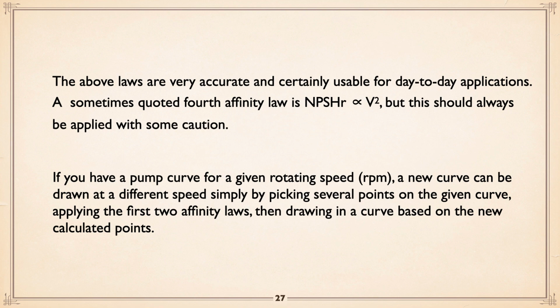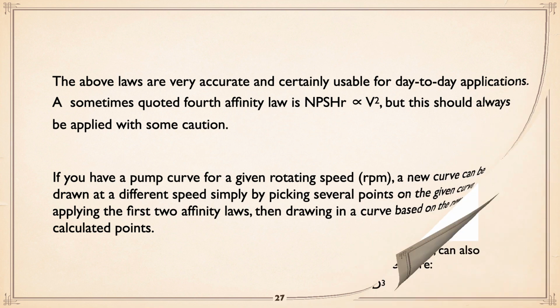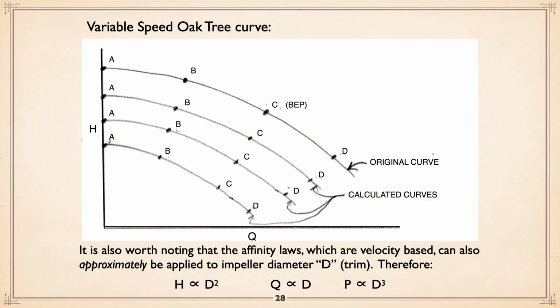Now, if you have a pump curve at a given rotating speed, you can plot a new curve by simply picking several points on the given curve and applying the affinity laws to get what those points would be at that different speed. For example, this one's easy at point A, shut off, because the capacity doesn't change, because there is no flow.